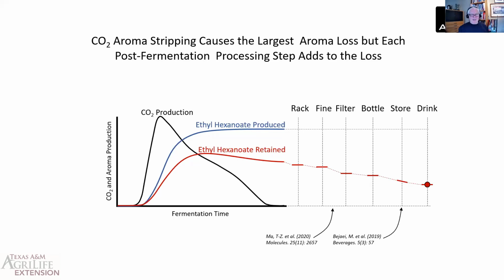So ethyl hexanoate would be broken down to some degree over time to ethanol and hexanoic acid. Well, you see the dot at the end of this line is where that consumer is going to taste that wine. It's pretty far removed from the total that was produced by the yeast.